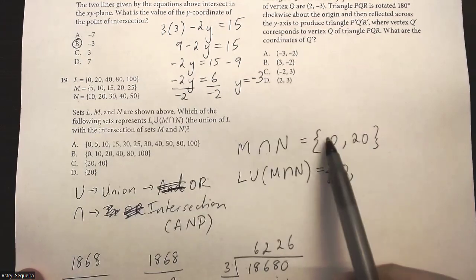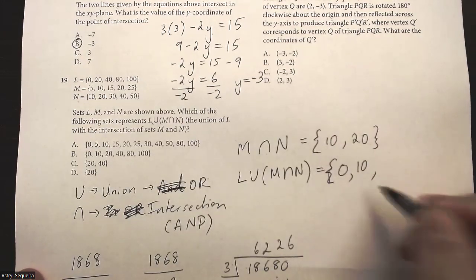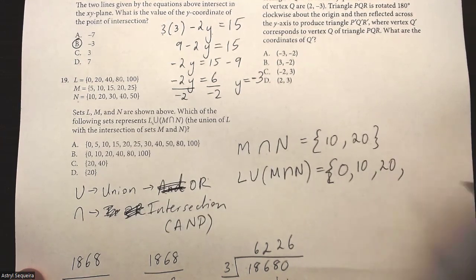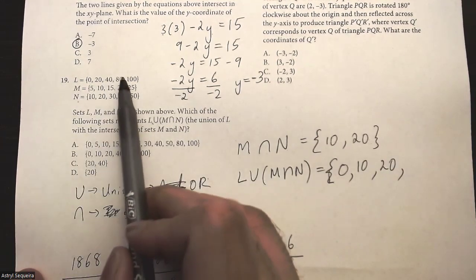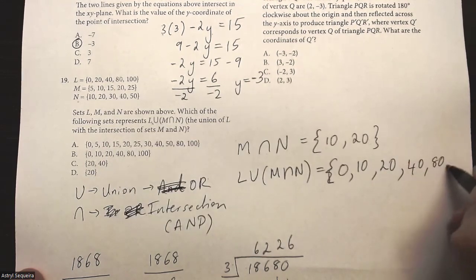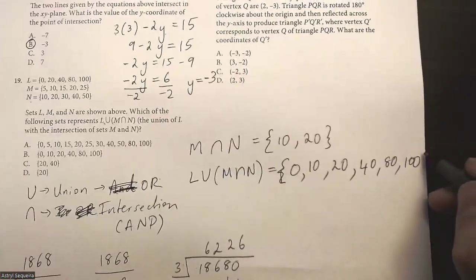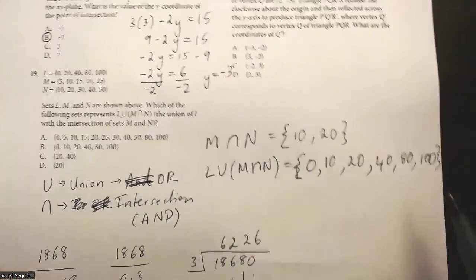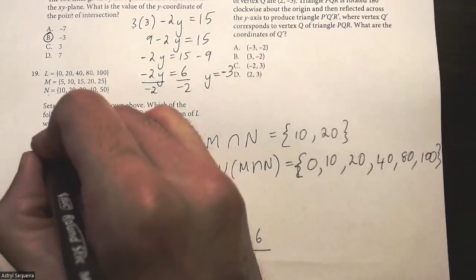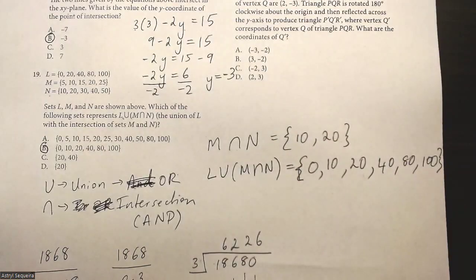The next smallest one is 10. The next smallest one is 20, which repeats in both, but you only want to write it once. Then I have 40, 80, and 100 because there's nothing else there. And the correct answer for this one is B, which is basically L union the intersection of M and N.